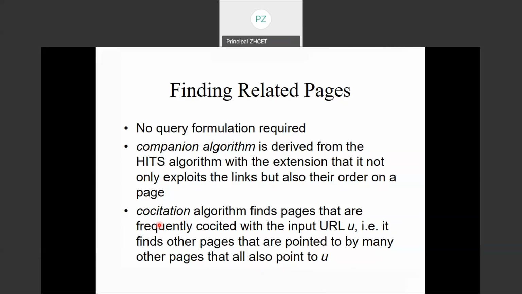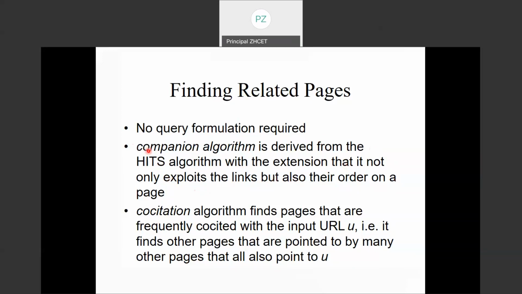There are two algorithms which work on it. The companion algorithm is derived from the HITS algorithm. If you remember, I introduced the HITS algorithm, hypertext induced topic search, like the Hubs and Authorities one, with the extension that it not only exploits the links, but also their order on a page.